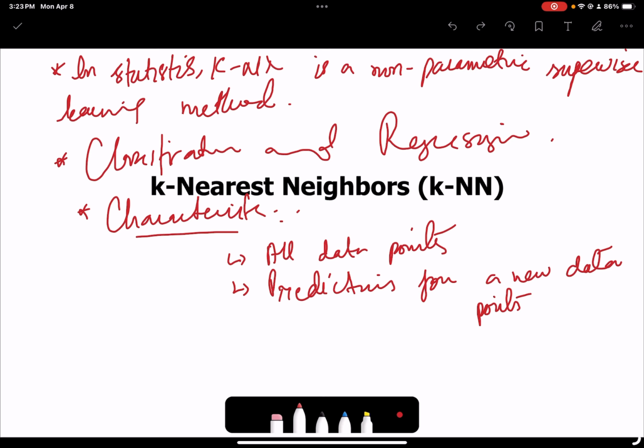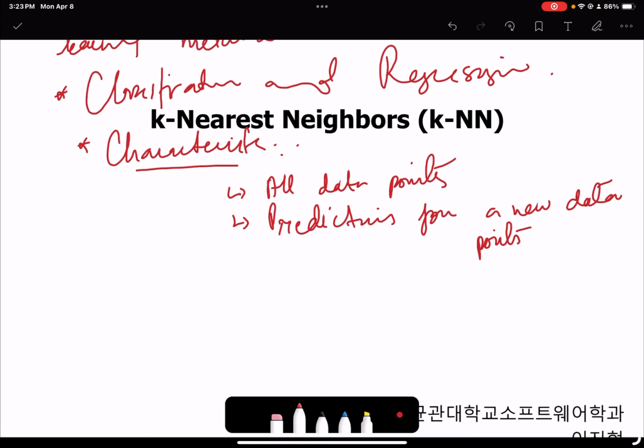So what are the steps that are involved to estimate your new data point's class, or your regression value? You have to choose a value of K. This determines the number of nearest neighbors used to make the predictions.